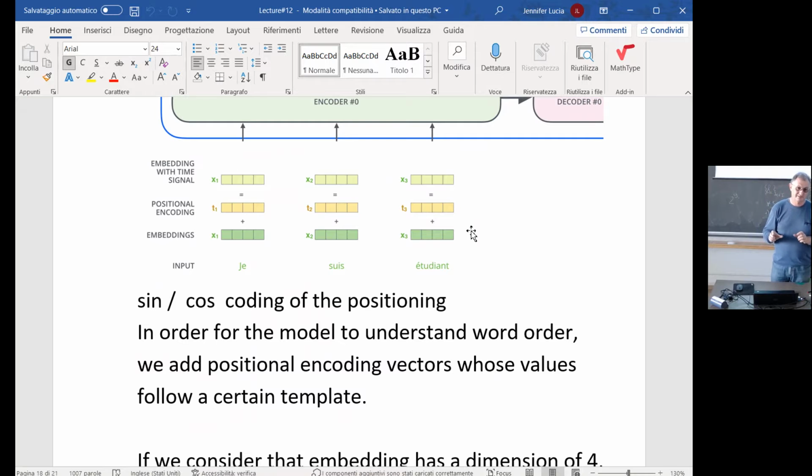And this shift phase is a very beautiful thing. This shift phase means that we can define linearly the integer number of the position of the word.